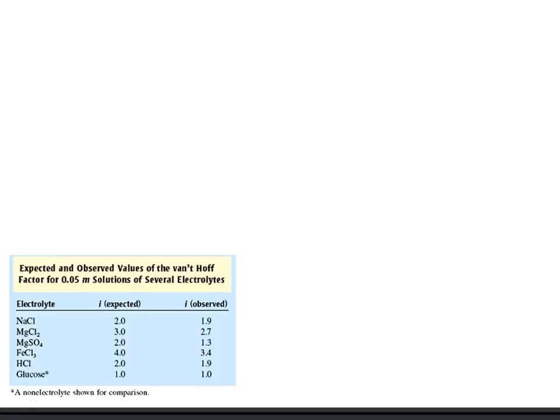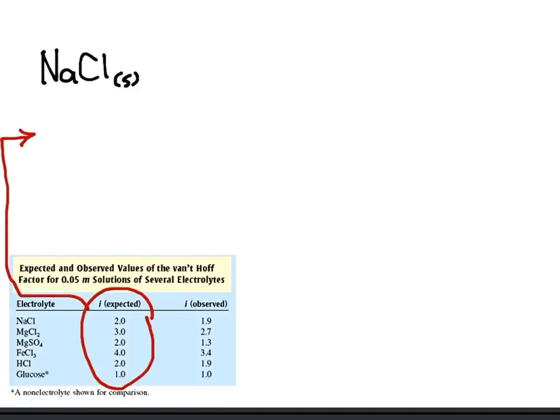Here is our table with our expected Van't Hoff factor, which is abbreviated with an i, and that's the first thing I want to talk about. So we're going to put that up here, and I want to talk about each of these electrolytes. I'll start with sodium chloride solid, which when we dissolve it in water is going to form a sodium and a chloride ion.